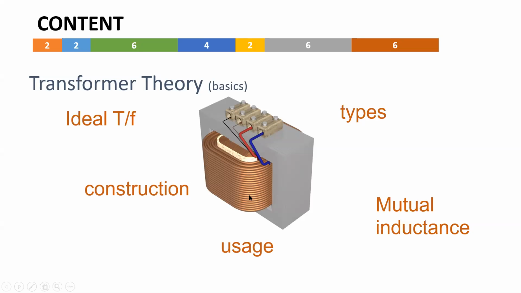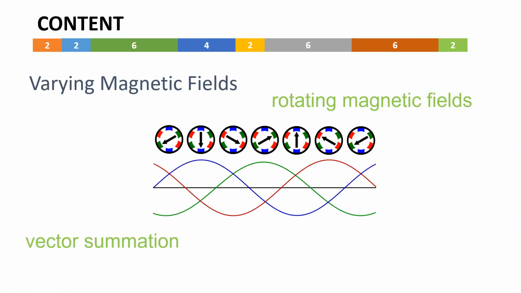And at the end, we're going to discuss what a rotating magnetic field is. This is something completely new for you guys. That is why it is at the end. But I'm trying to make it as simple as possible. So let's see what a rotating magnetic field is and what vector summation of magnetic fields means, right?